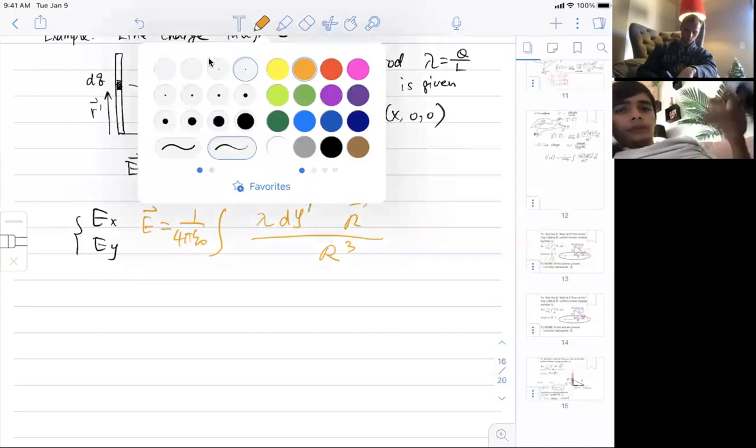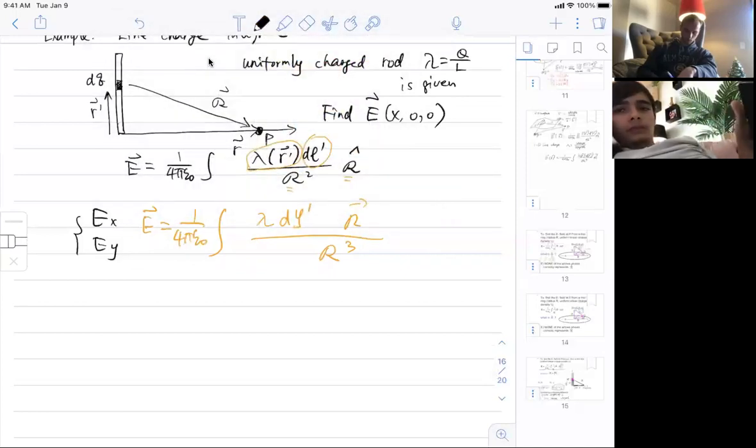As I mentioned previously, I can never do this integral together. I need to do Ex separately. I need to do Ey separately. So here is where the script R expression comes in handy.